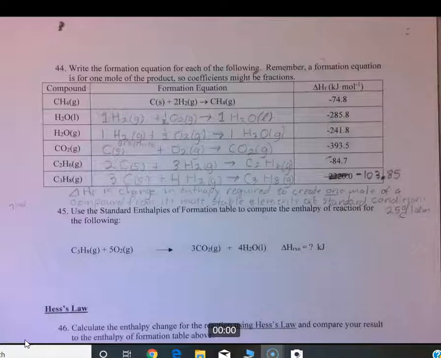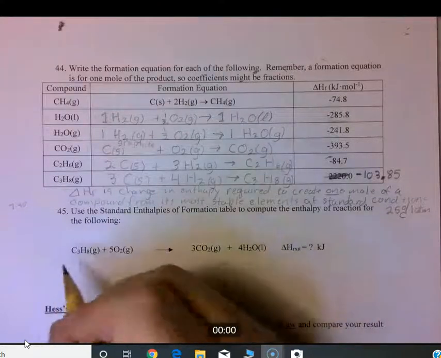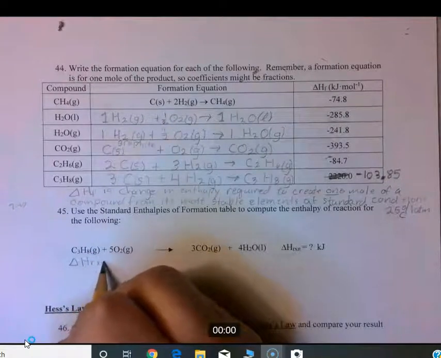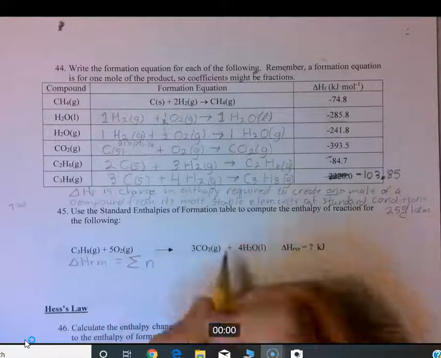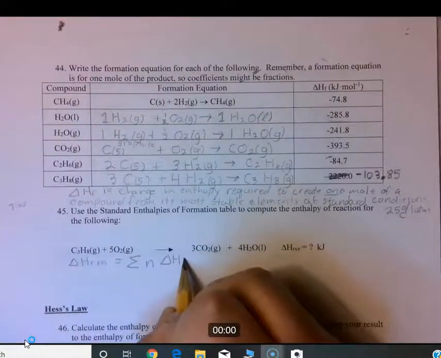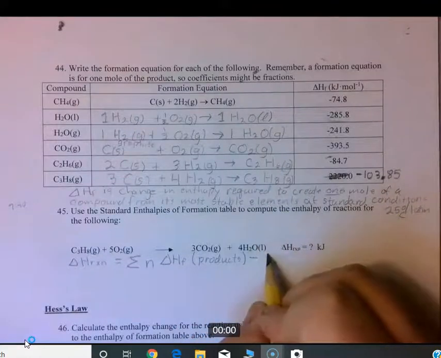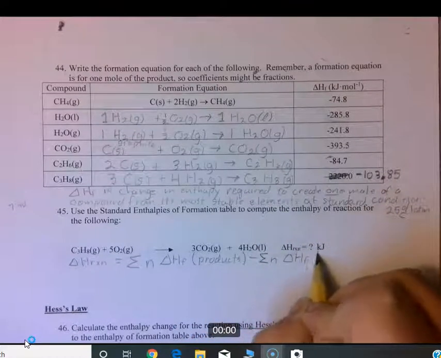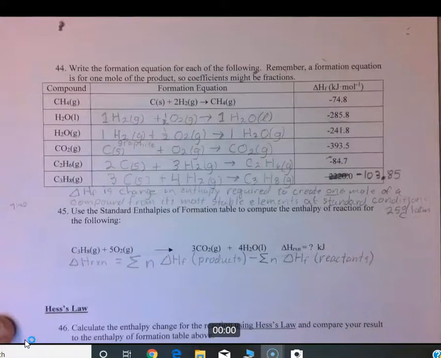Okay, so the formula for the enthalpy of formation method to determine the enthalpy of reaction, delta H of reaction, is... all right, so when we write the equation, we're going to start over on the right side here.